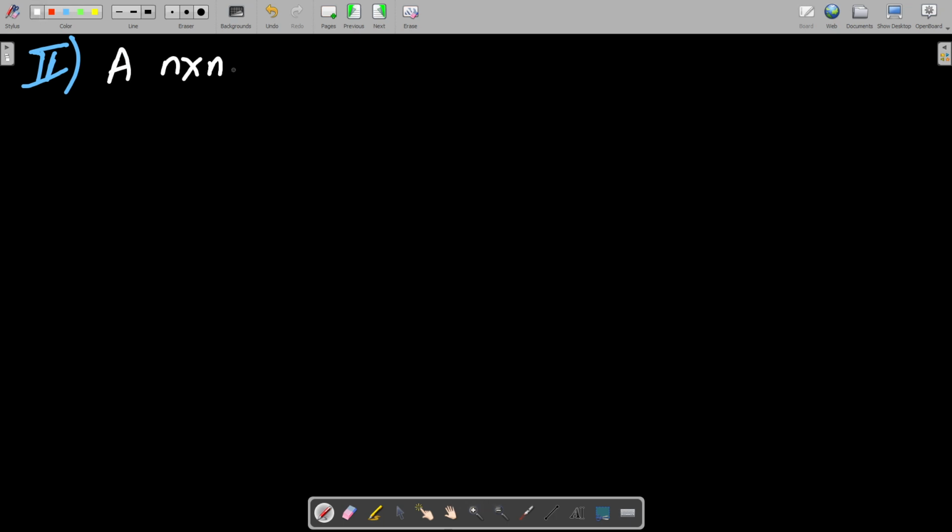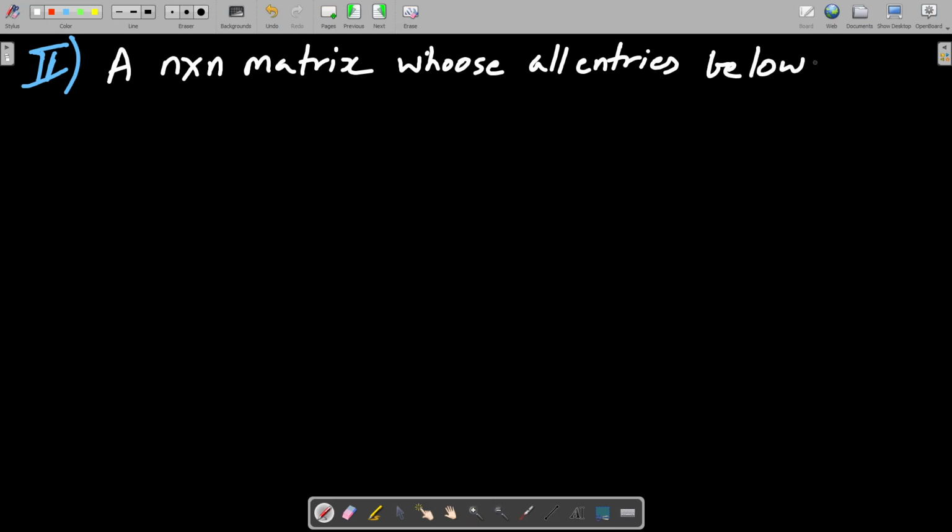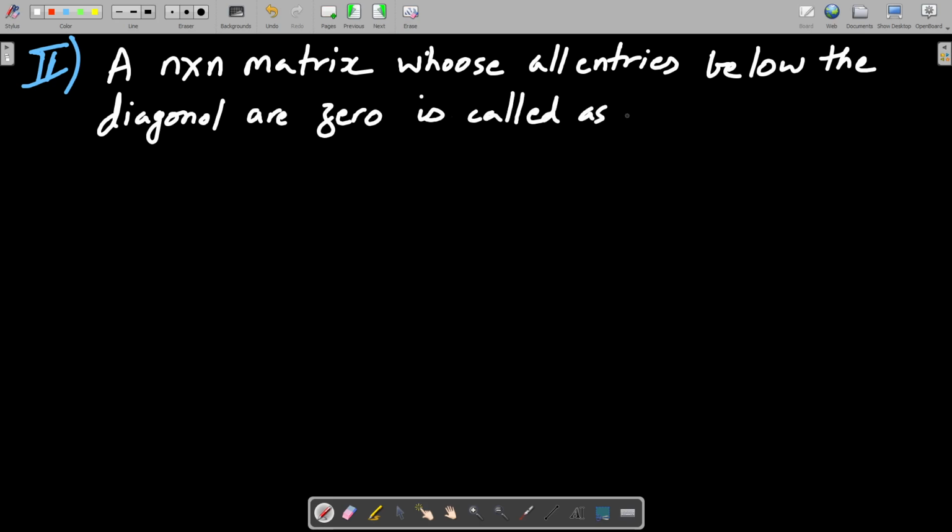N cross N matrix whose all entries below the diagonal are 0 is called as an upper triangular matrix.